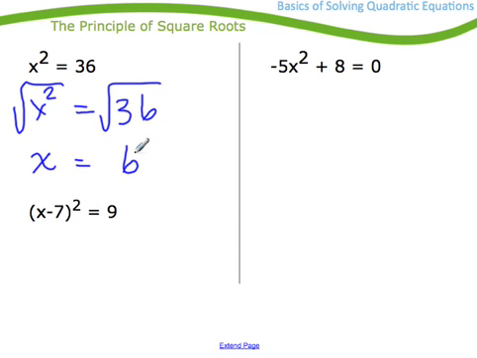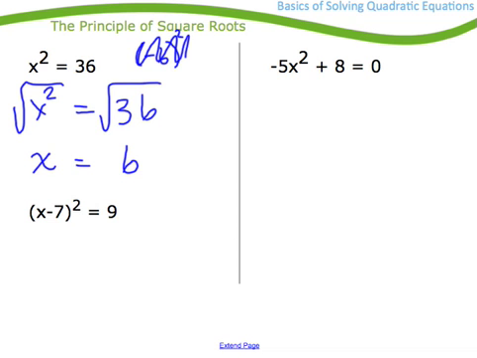Now I have one little issue with this, because when I look back here, in quadratic functions, there always seemed to be two answers to them. Sometimes it's the same answer, but more often than not, it's two answers. When I look at here, I see that yes, 6 squared is equal to 36, but also, if I were to put a negative 6 in there and square it, that would also give me a positive 36.